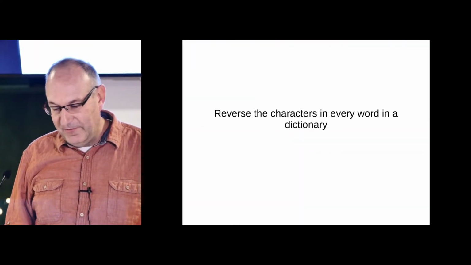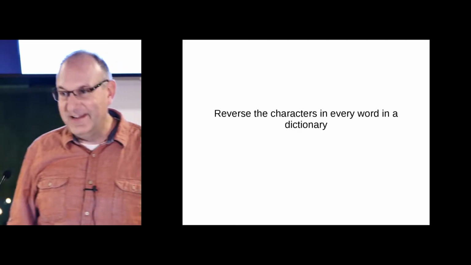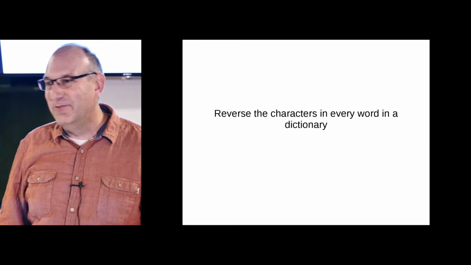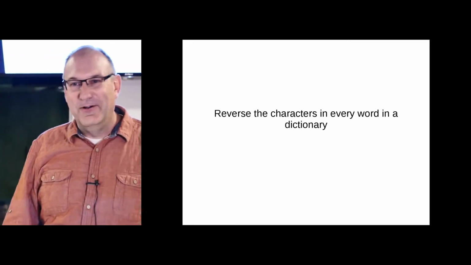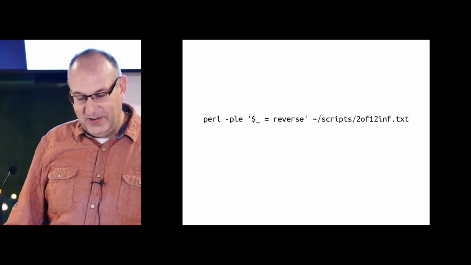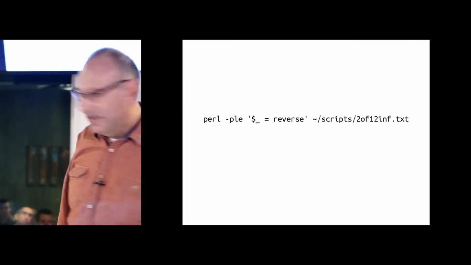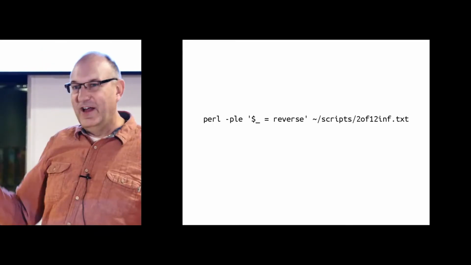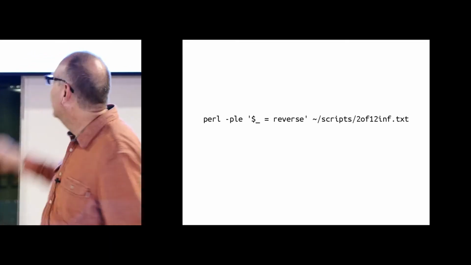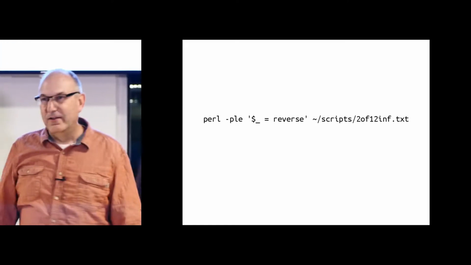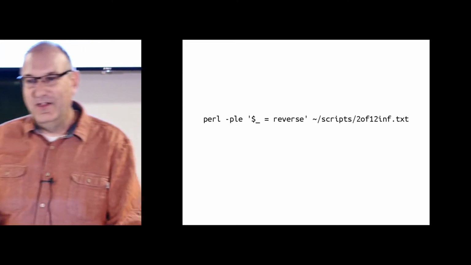So let's say we want to reverse all of the characters in every word in a dictionary. This is really useful. I'm sure this is something that everybody needs to do at least once a week, right? Or never, unless you're giving a talk. So here we're going to say perl -ple. As we're iterating through each line of the input files, $_ receives the line of input.